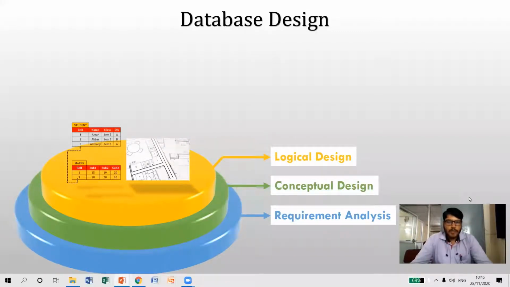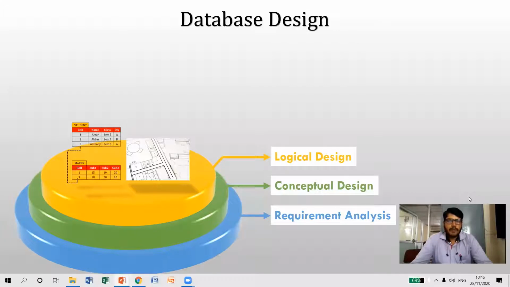Whatever ER model we have drawn, we have to map that ER model into the relational model. In the ER model, we are unable to see the tabular form, but we have to frame our database in such a manner that we can store our records in the form of a tabular structure.